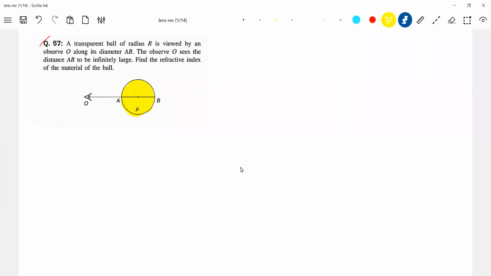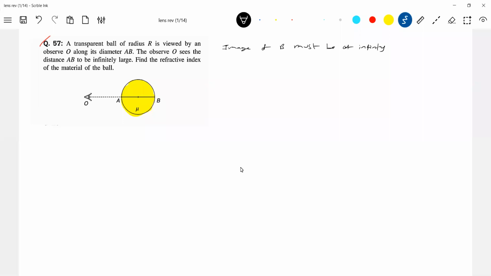I think if the image of B is formed at infinity, the problem will be solved. Image of B at infinity, that is the basic condition.